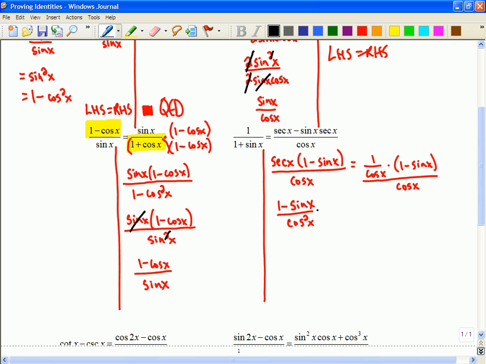So I'm going to keep going here just because I have more room. I don't have a good answer for you other than I've got more room to work here. I didn't leave myself much space. But if I was to use the conjugate on this side, I'm going to end up with 1 minus the sine squared of x over cos squared x and 1 plus the sine of x.